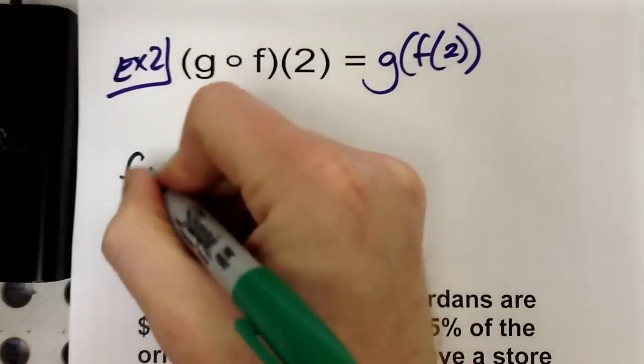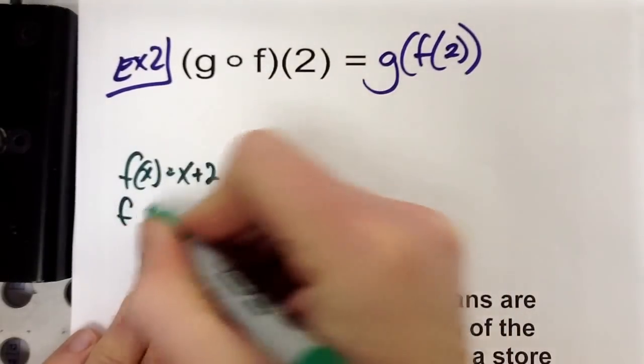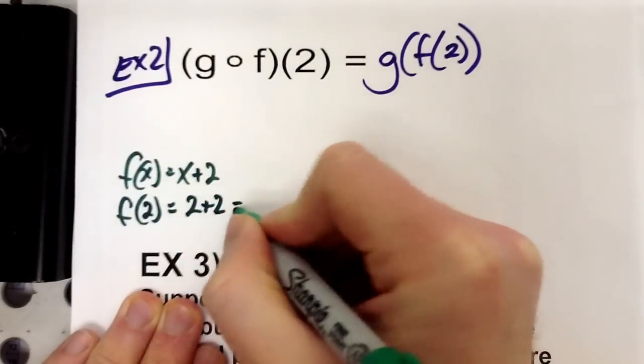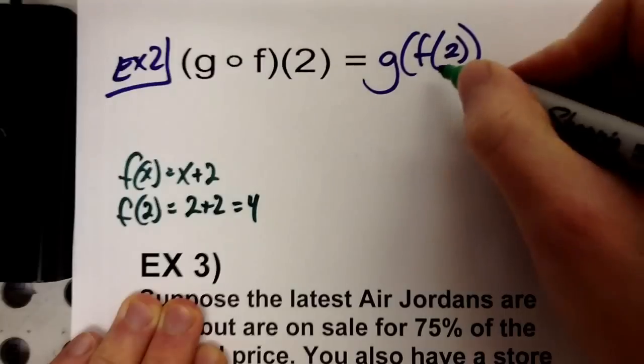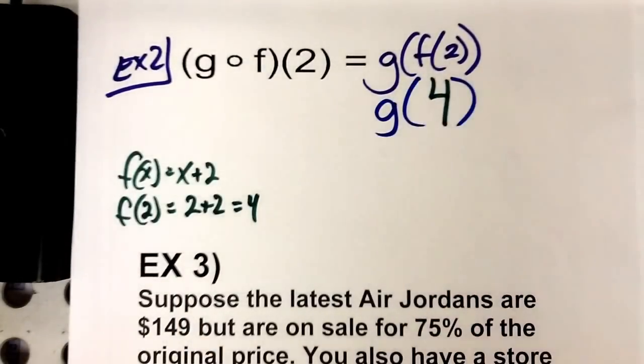So f of x we said was x plus 2, so let's plug in 2 for x and get 2 plus 2 or 4. So where I had f of 2, now I want to put a 4 in its place. It's substitution.